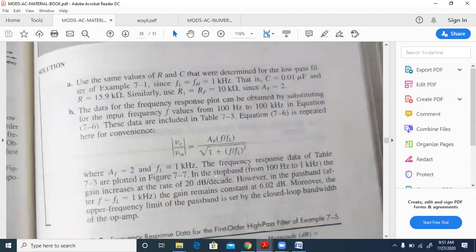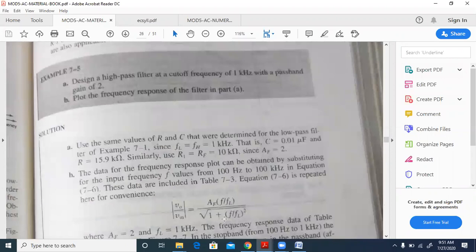So this is used for the high pass filter: AF into F by FL divided by root of 1 plus F by FL whole square. For the low pass filter, you will not have this F by FL numerator, you will have F by FH here. In the denominator, it will be F by FH whole square. Okay, that's the only difference.